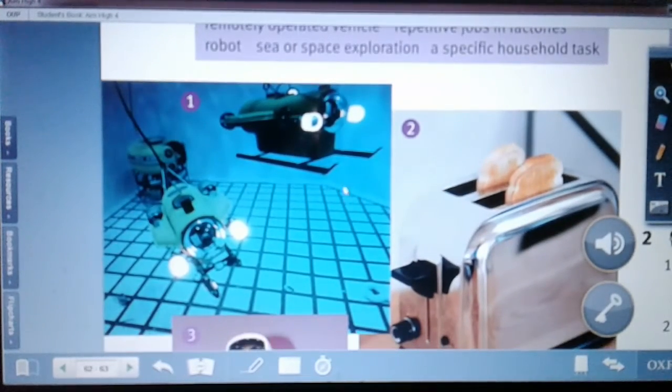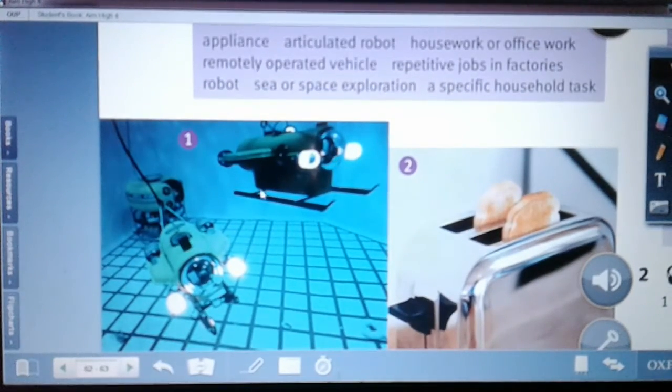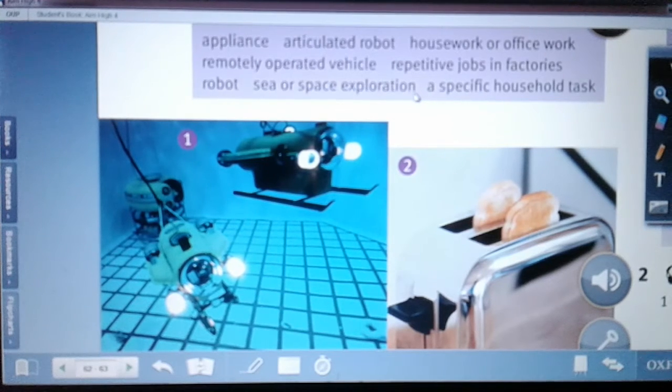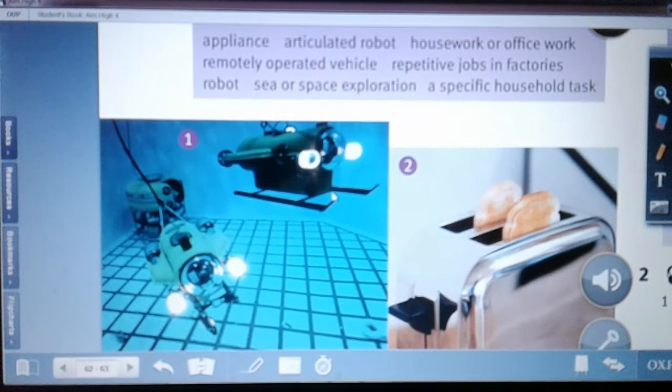And we use this vehicle to do what activity? Housework or office work, or specific household tasks, or sea or space exploration? The answer is sea or space exploration. So you need to use remotely operated vehicle to do sea or space exploration.